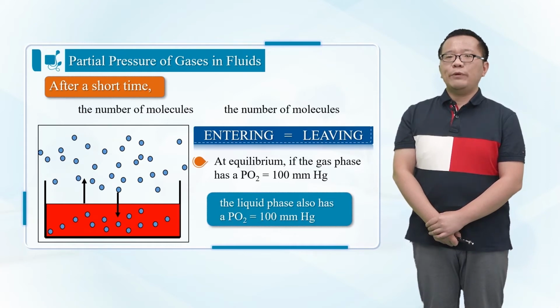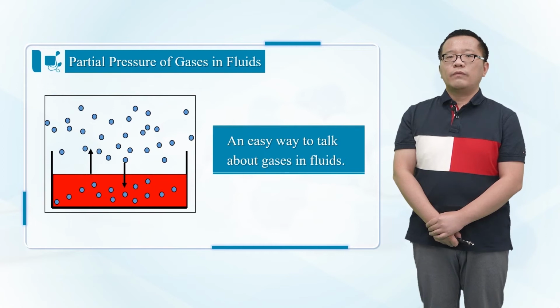At equilibrium, if the gas phase has a pressure of oxygen equal to 100 millimeters of mercury, the liquid phase also has a pressure of oxygen equal to 100 millimeters of mercury. It is an easy way to talk about gas and fluid.